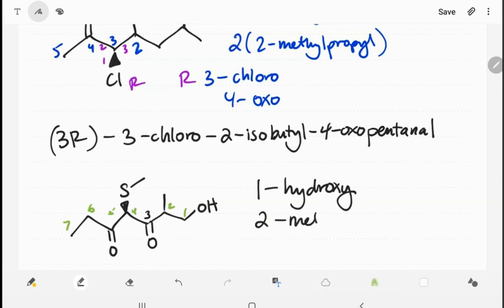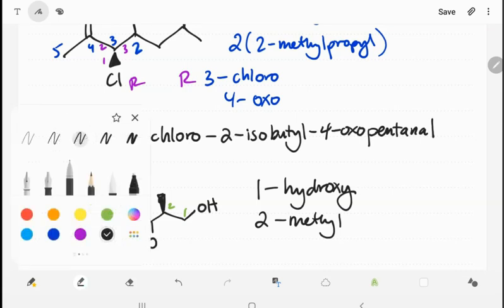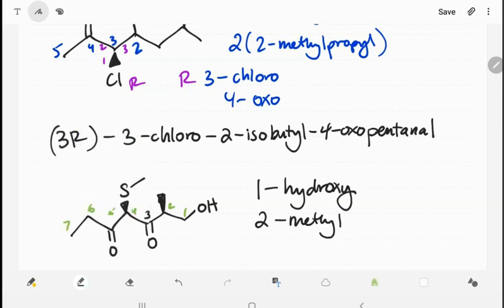On carbon 2, we have a methyl. We need to have some stereochem, don't we? Let's make that a wedge. If we do that, what's our highest priority going to be for stereochem on that methyl? We look at this carbon, and it's connected to 3 carbons and a hydrogen. Hydrogen is going to be lowest priority.